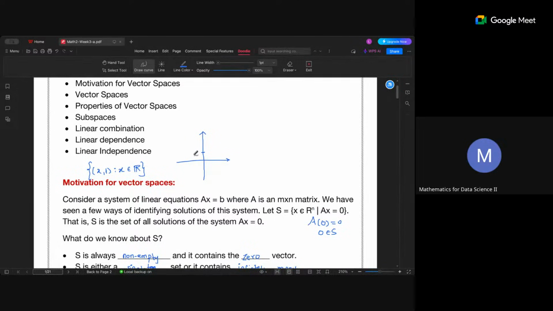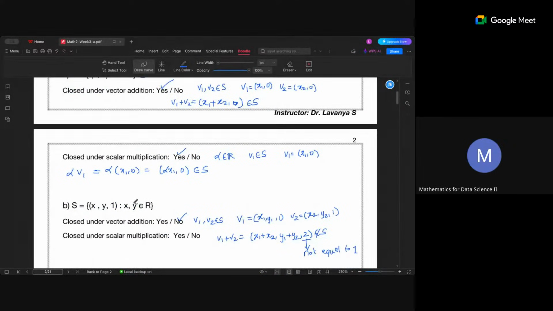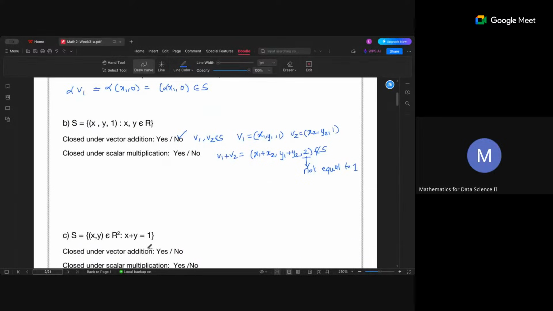So this represents all the points on this line. If you call this S, then this is your X, where this is Y equal to 1. Something similar, you can imagine a plane where all the Z coordinates are 1, in R3.